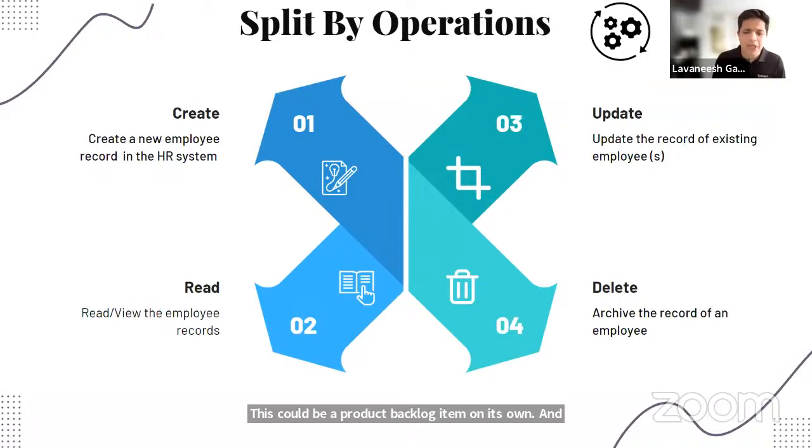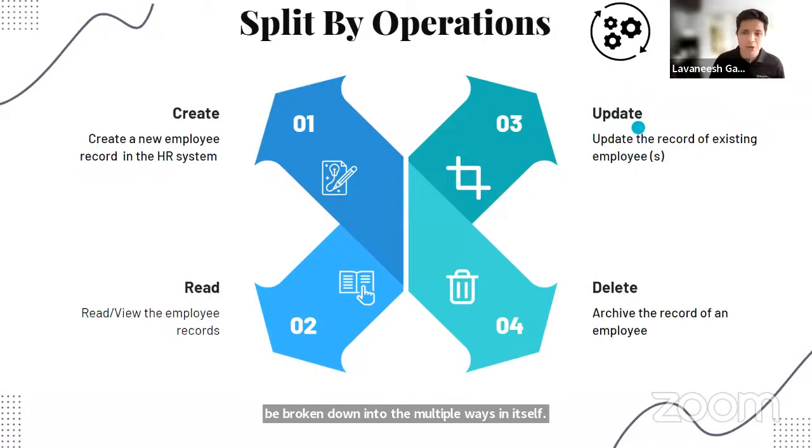What data of an employee can everybody read? What data of an employee can only the line manager read? What data can only the HR people read? Even the reading of the data of an employee could be broken down in multiple ways in itself.